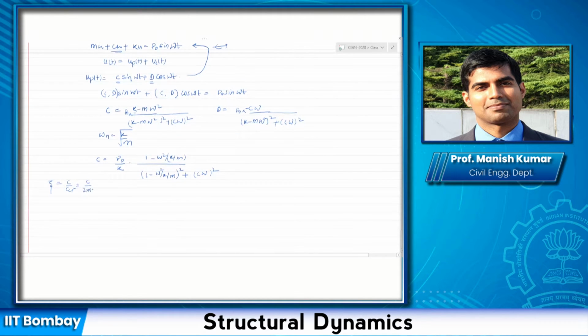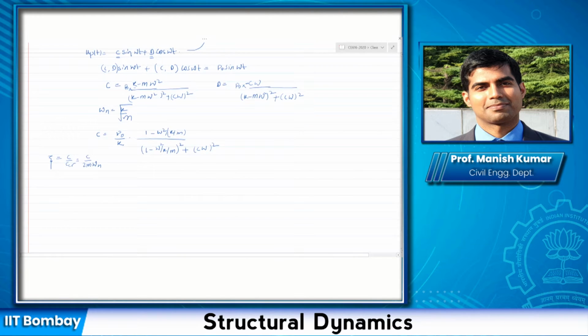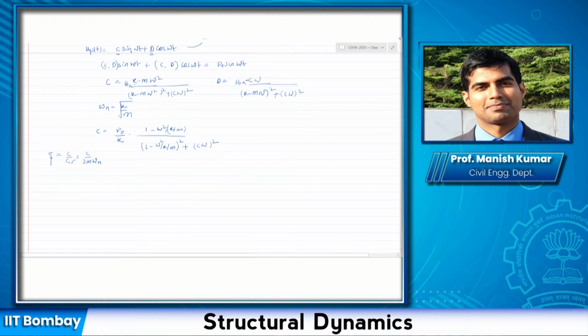This was the expression for zeta. So in this case, I can write C by m as equal to, or let me just write C equal to 2 zeta m omega n.